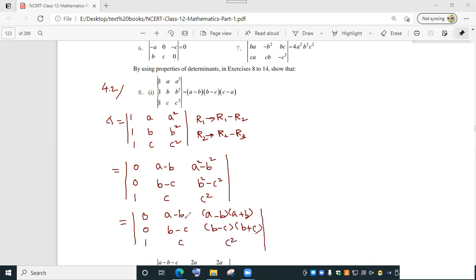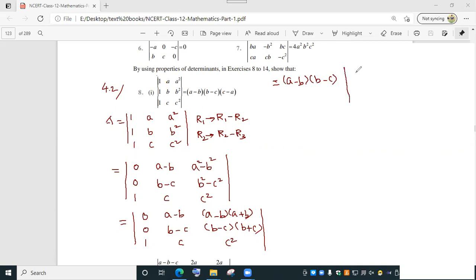Now you can see a minus b is common from the first row and b minus c is common from the second row. So we are taking common a minus b from the first row, b minus c from the second row.